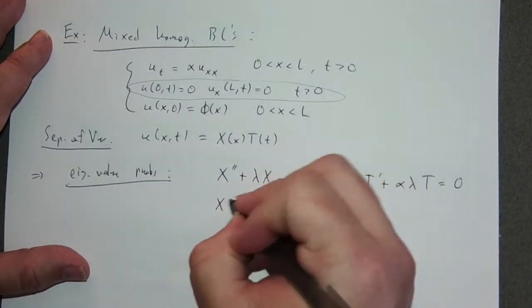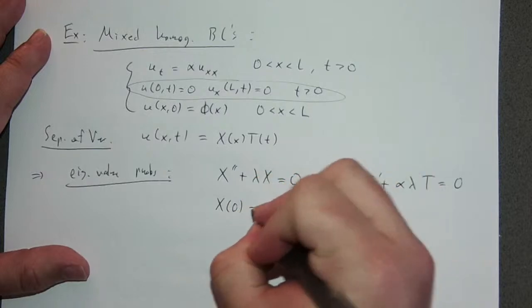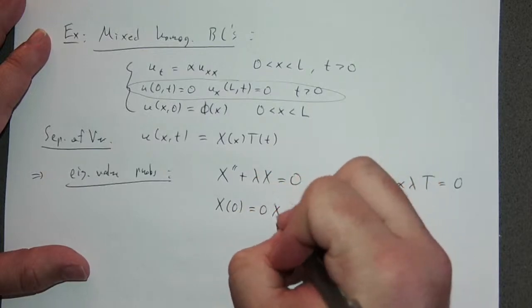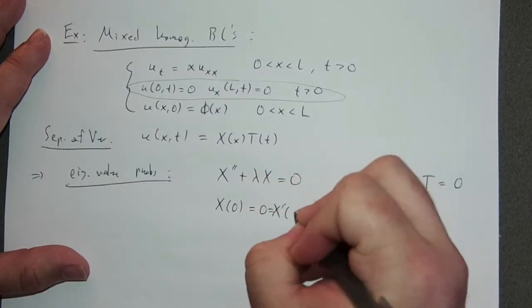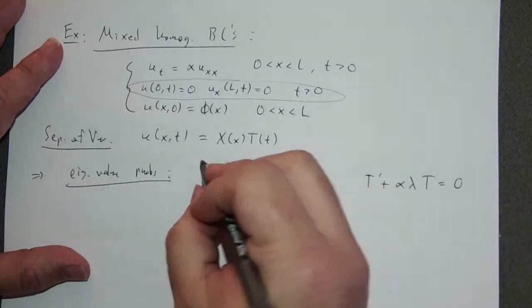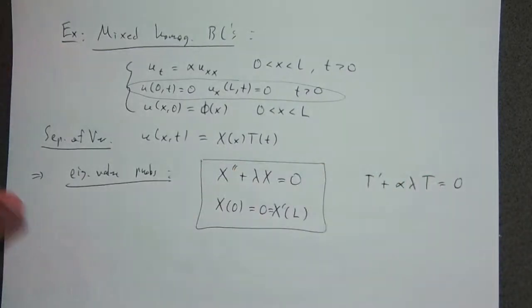Well, they're going to descend to mixed boundary conditions in my eigenvalue problem, right?